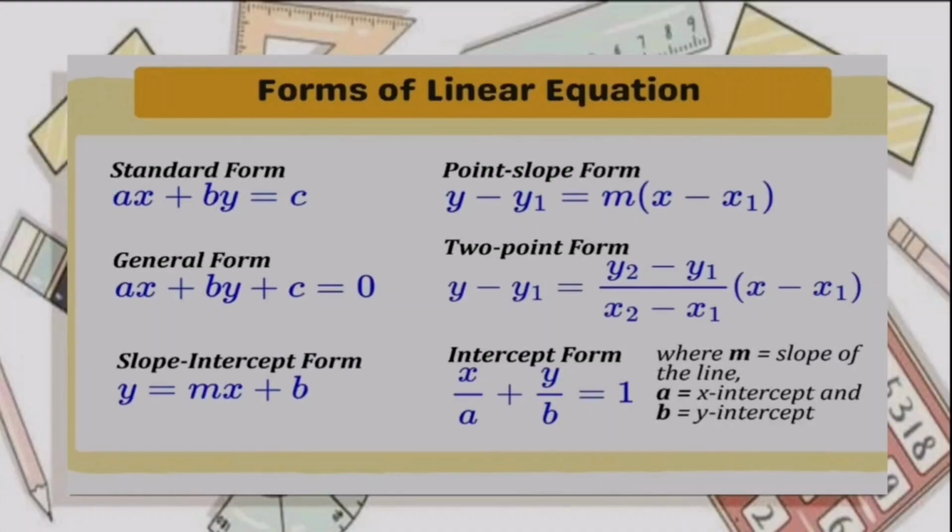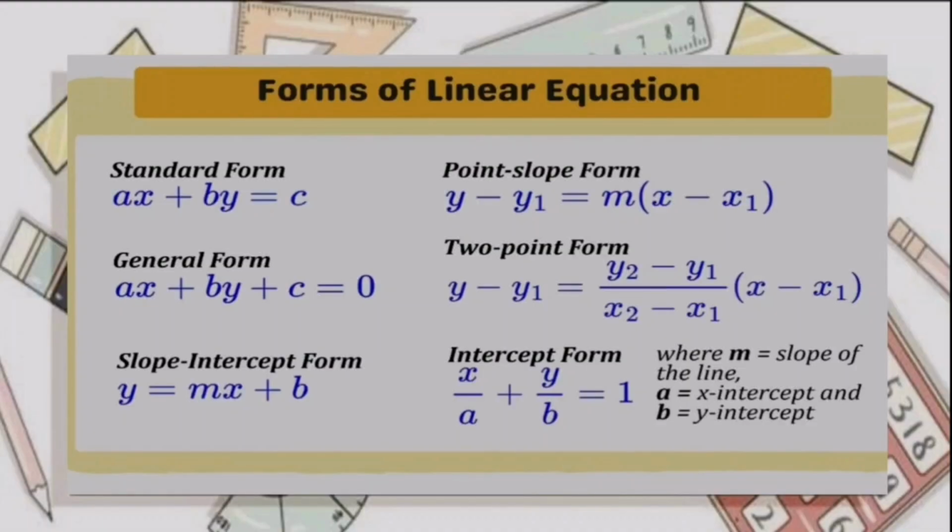First one is standard form. The formula for this is ax plus by is equal to c, meaning a, b, c are constant numbers, while x and y are variables. This use is common in algebra, easy to convert to other forms, useful in solving systems of equations.